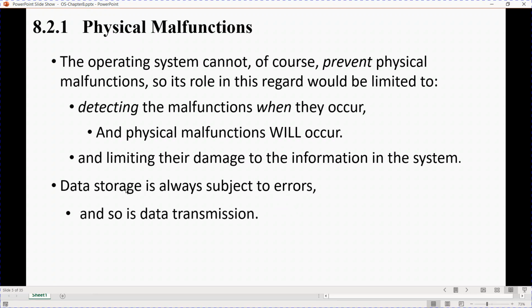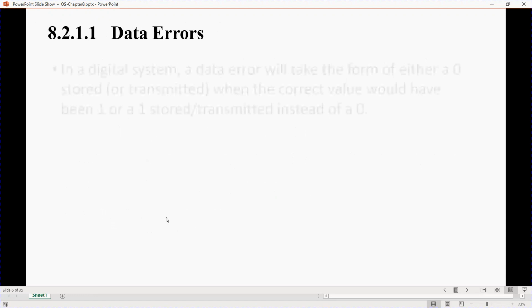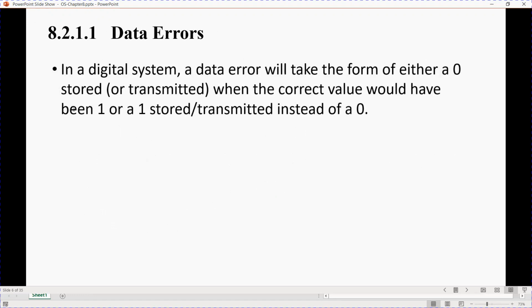Data storage information is always subject to errors, and so is data transmission. In a digital system, a data error has to take the form of a 0 stored where the correct value is 1, or a 1 stored or transmitted where it should have been a 0.